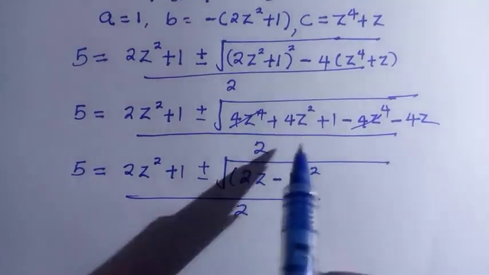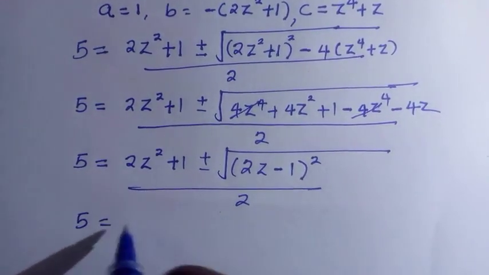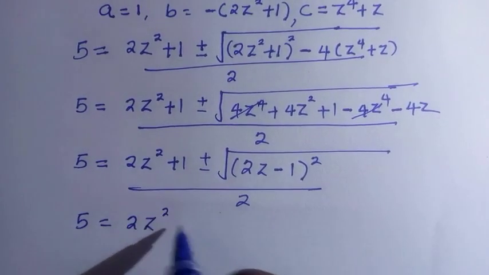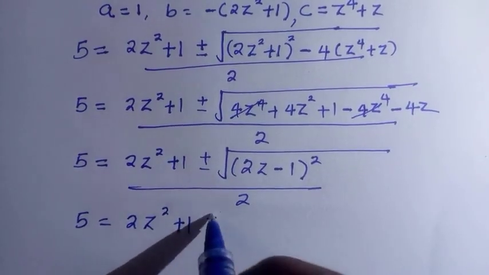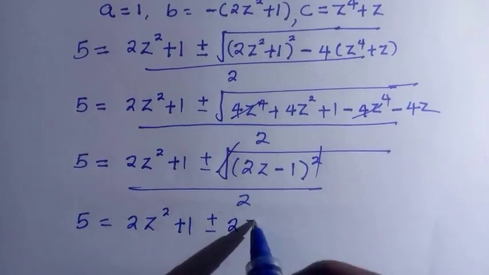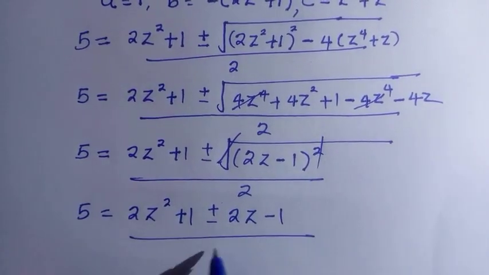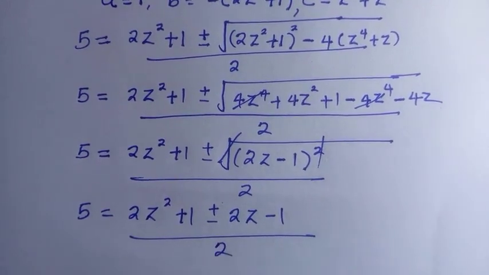I hope we understand what I did here. So here we have 5 equals 2z² + 1 plus or minus, so when this cancels this, here becomes 2z minus 1, divided by 2.